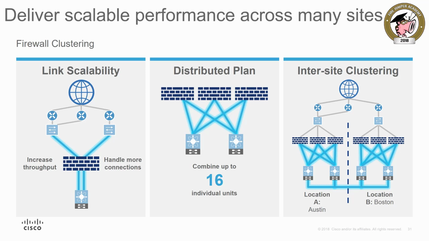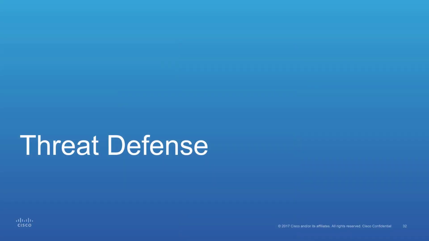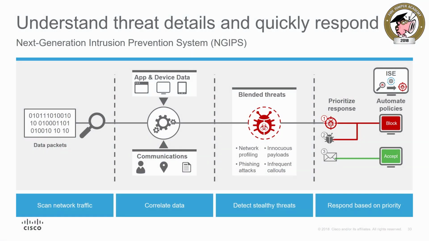On top of clustering, the Cisco Firepower NGFW delivers the ability to also offer unmatched visibility and threat detection through Firepower's NG-IPS capabilities, which are based on the award-winning SourceFire IPS appliance. NG-IPS helps you protect the network more effectively than other intrusion prevention systems.